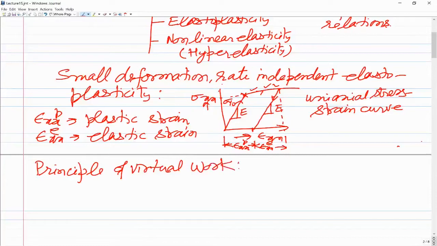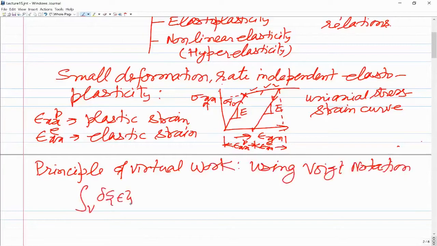I'm going to write the stress tensor and strain tensor using Voigt notation as vectors. Using Voigt notation, we can write the principle of virtual work as the integration over volume of the variation in the strain.